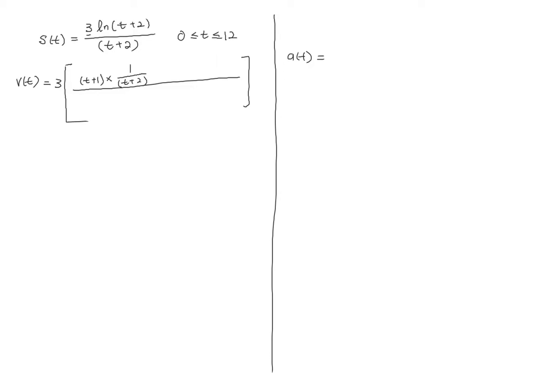Then take away, remember, quotient rule must start from the derivative of the top. Then take away the top times by the derivative of the bottom, which is 1. Then divide by the bottom squared.